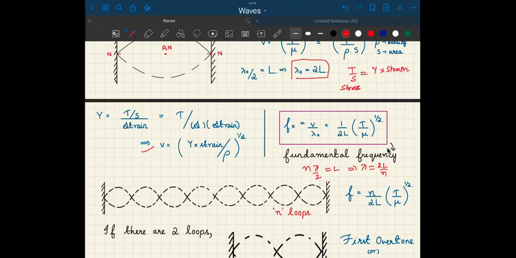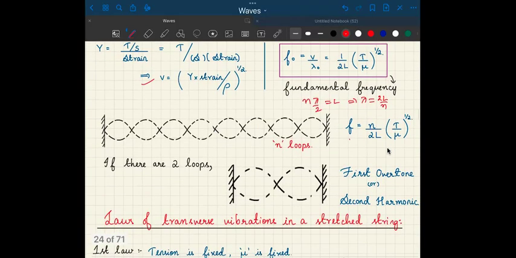This is called the nth harmonic. The nth harmonic is the n minus 1th overtone. So this is called the nth harmonic or n minus 1th overtone.